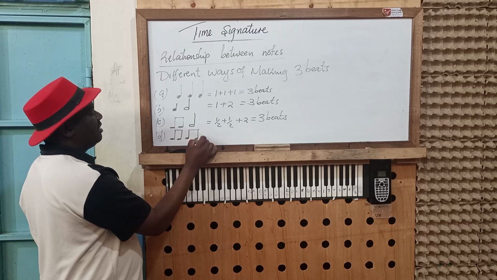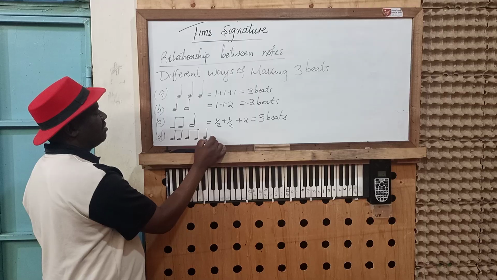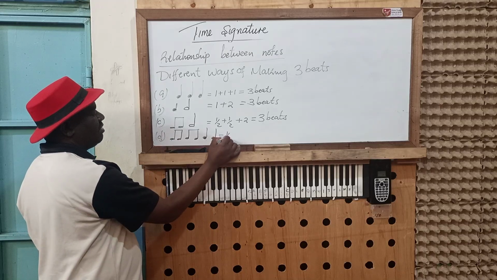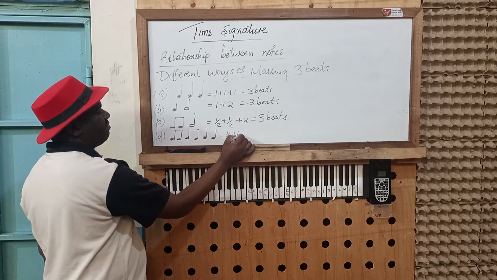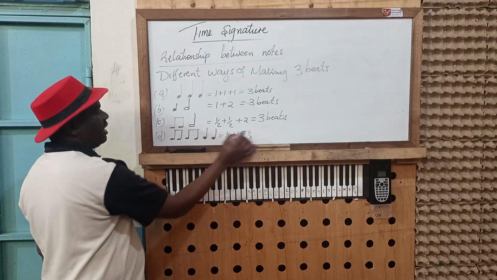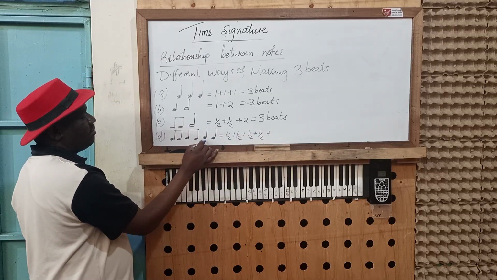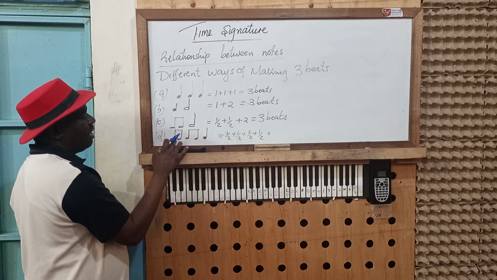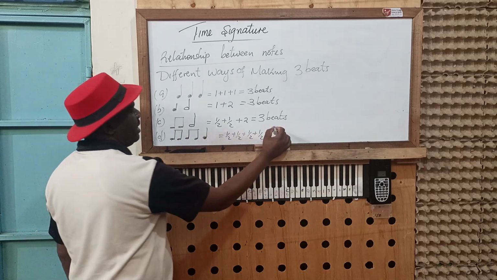And the last way maybe, what if we do like that? Like that. And like that. Then like that. Let's see the total value. This is half plus half, plus half, plus half, plus 1.